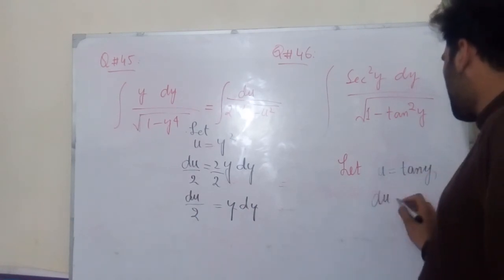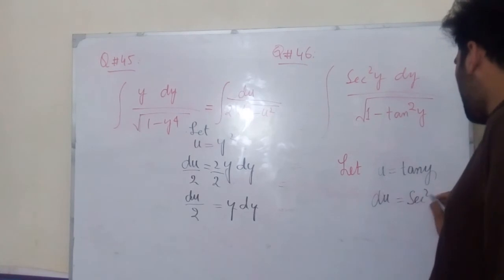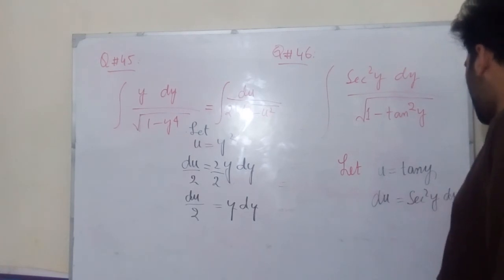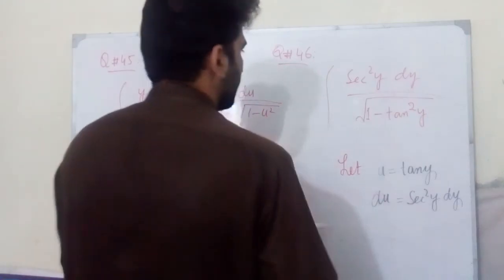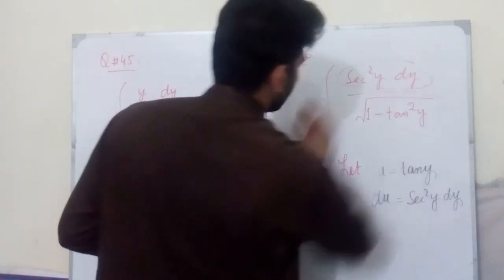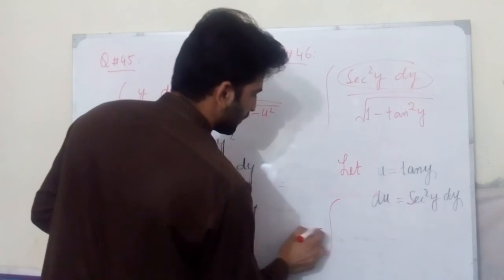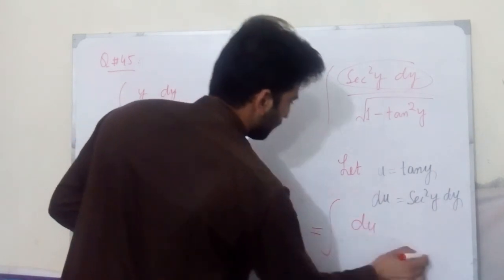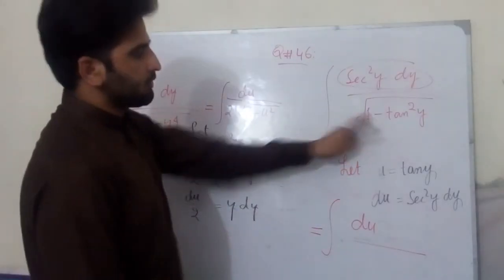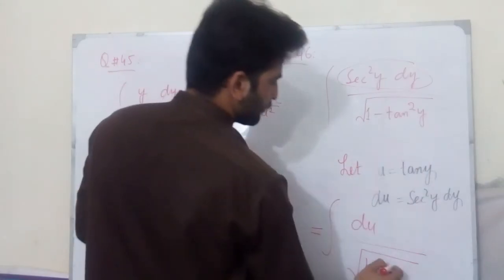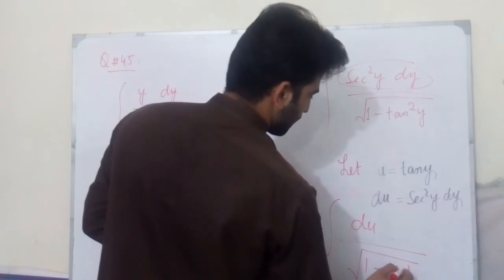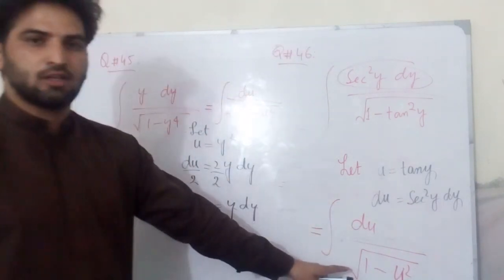So du equals secant square y dy. So here secant square y dy equals du. So integration du over, what is this? This is under the root 1 minus u square, since tangent y is u. This is again sine inverse u.